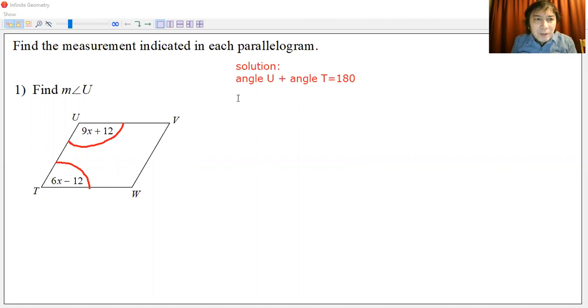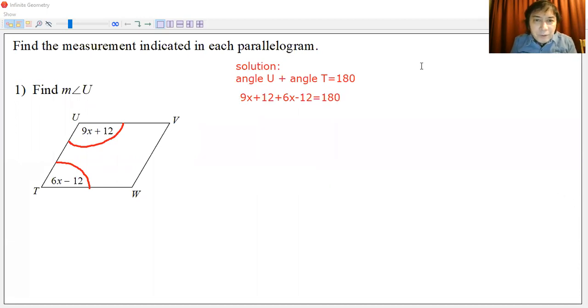Okay, so direct substitution, let's get the equivalent expressions. Angle U is 9x plus 12. So we have 9x plus 12 plus 6x minus 12. This must be equal to 180. This is our working equation.